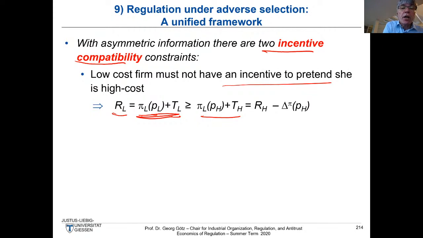If you cheat, the price you get is then the price of the high type, and you get a transfer of the high type.